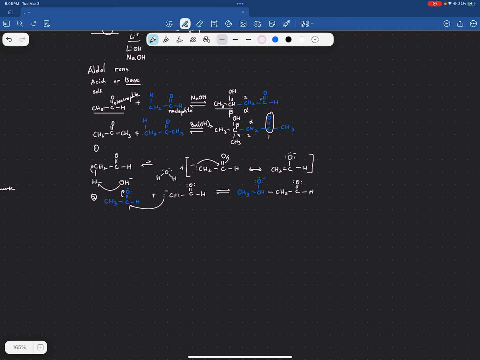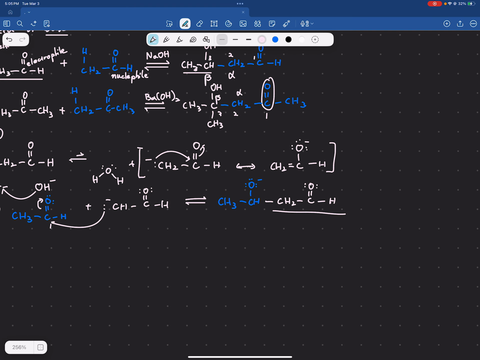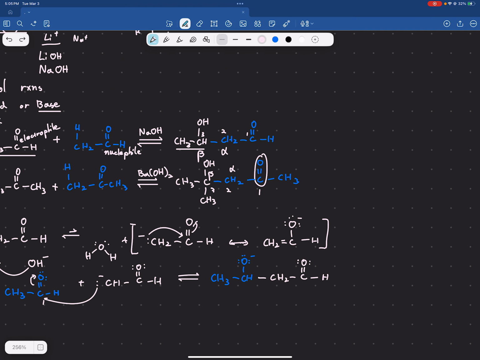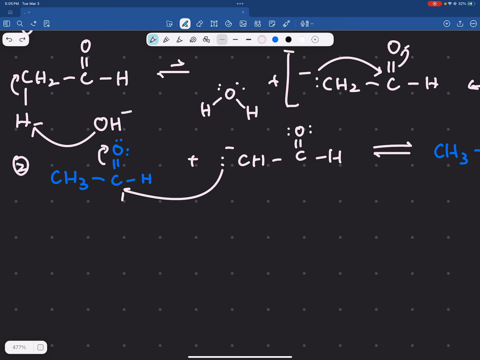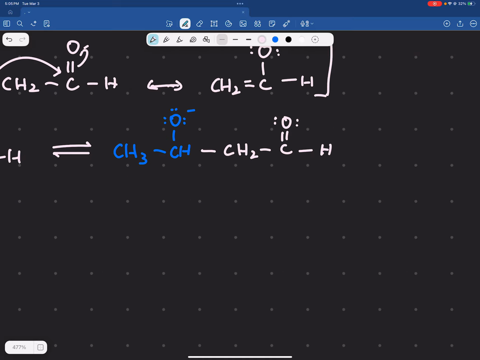I accidentally made a mistake, and these are in opposite colors from the reaction up here, but it's the same gist. Notice how this alpha carbon here is deprotonated and goes for another carbon, therefore making this the beta carbon once the reaction has completed.